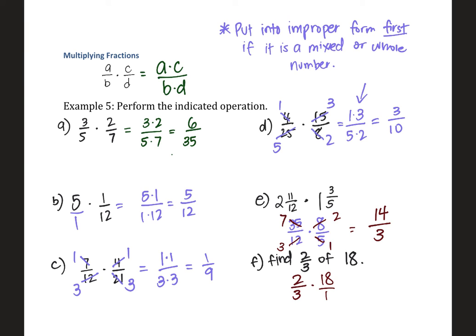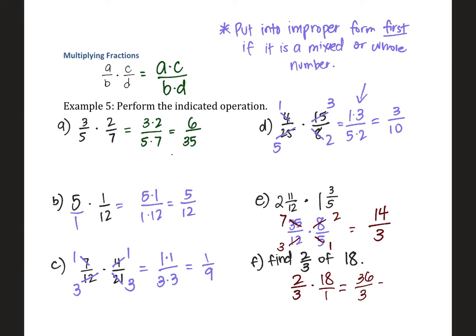If you want, you can reduce it. That 3 and 18 can cancel out and be reduced. I'm actually going to try just multiplying it across first and then reducing after that. Okay, 2 times 18, I end up with 36 over 3. From there, actually, they're both divisible by 3.